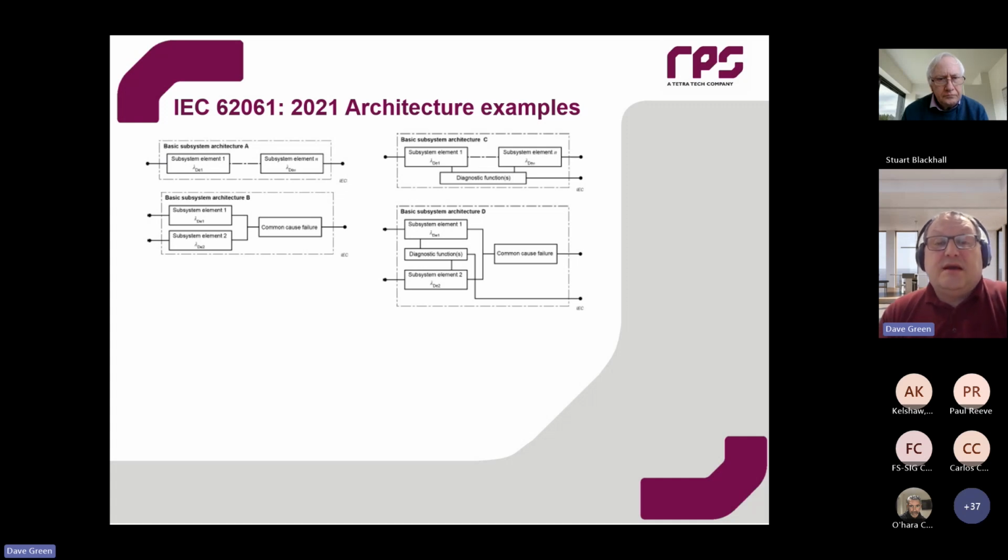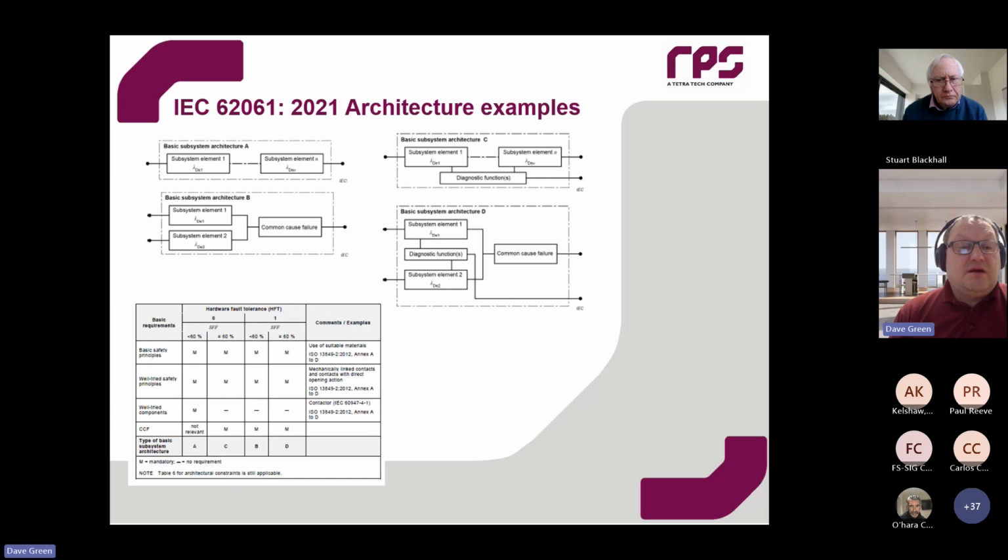C brings in diagnostic functions, so things like discrepancy checking between 2 independent values. That gives us extra confidence that the devices are working correctly. And then D is a mix of both, so that's obviously the highest integrity, with diagnostics between our voted arrangement and common cause failure parameters.